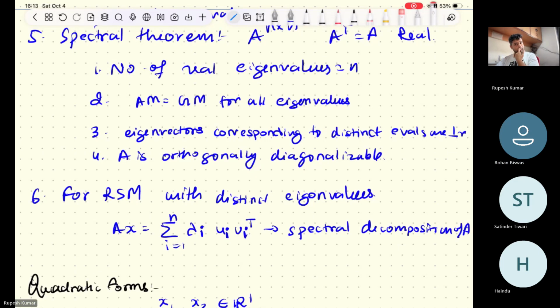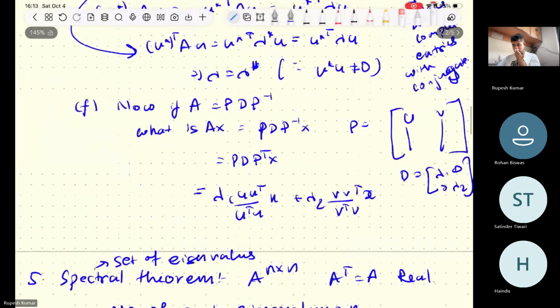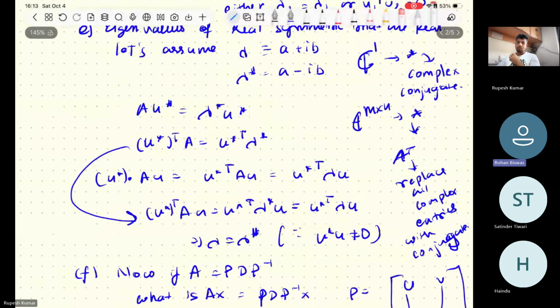Sir, one thing. When we say A is orthogonally diagonalizable, if repetition is not occurring, then it's very good, they are automatically perpendicular. My doubt is, if repetition arises, then you perform Gram-Schmidt and get orthogonal vectors.